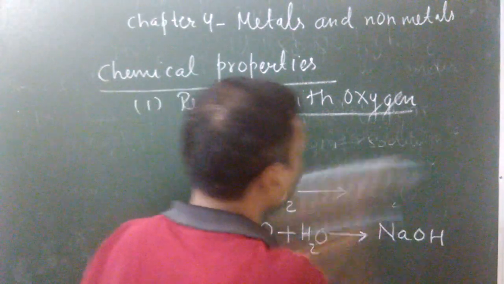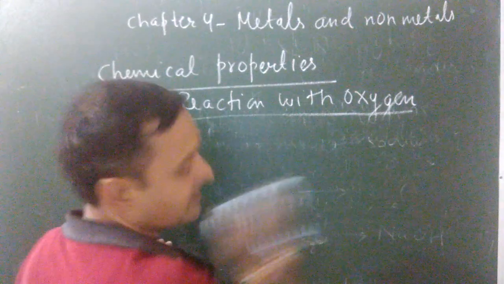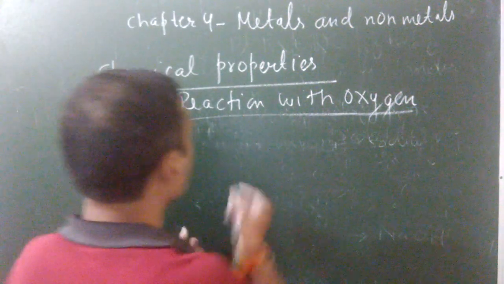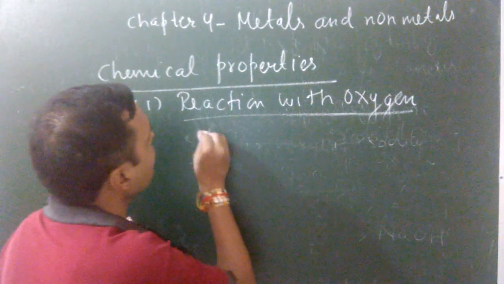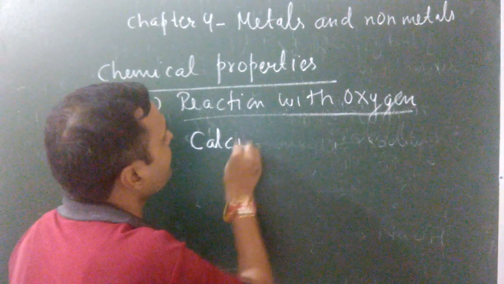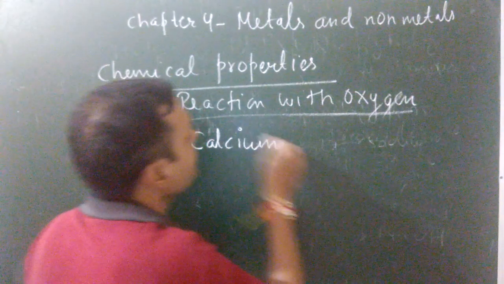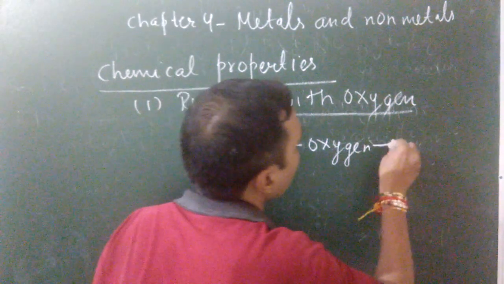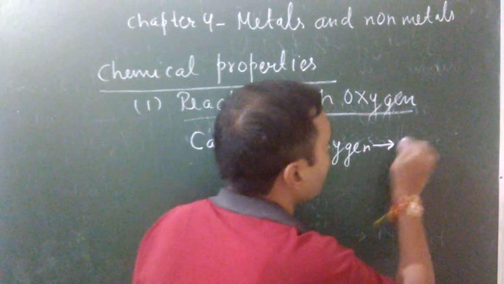Come to the next reaction, with calcium. You can see it in your book, page number 42. The calcium symbol is Ca. First I will write in words: calcium plus oxygen gives calcium oxide.